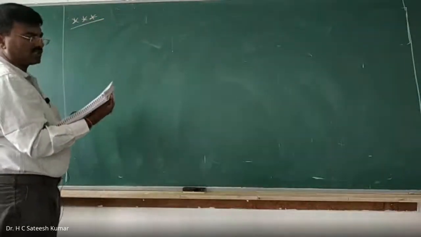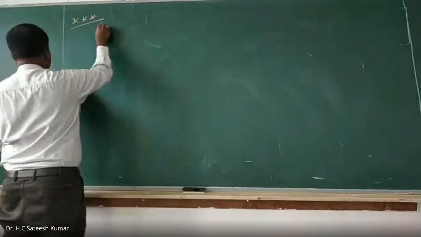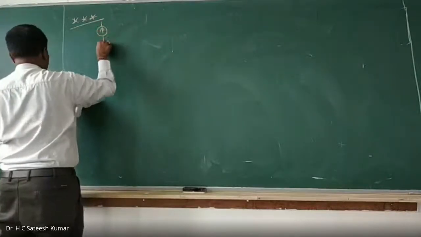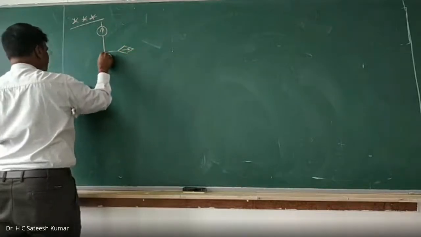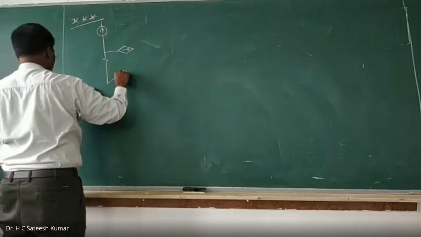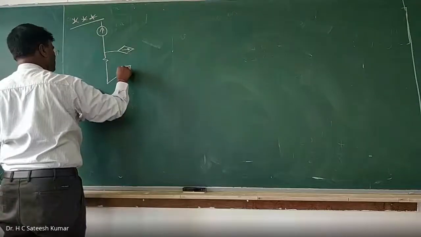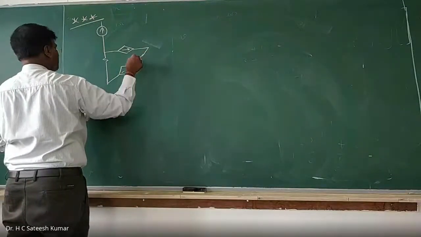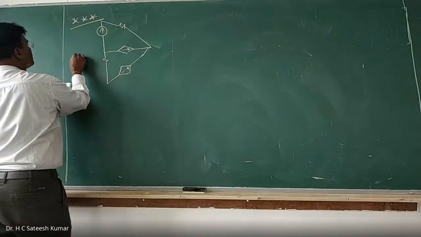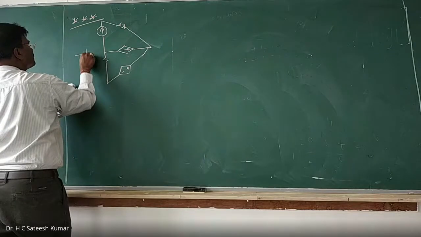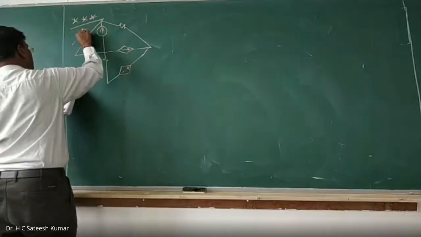Find the voltages at nodes 1, 2, 3, and 4 for the network shown in figure. Plus, minus Vx.